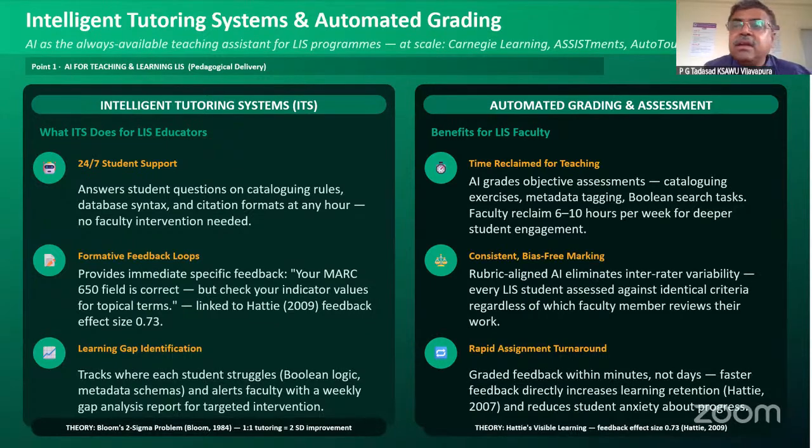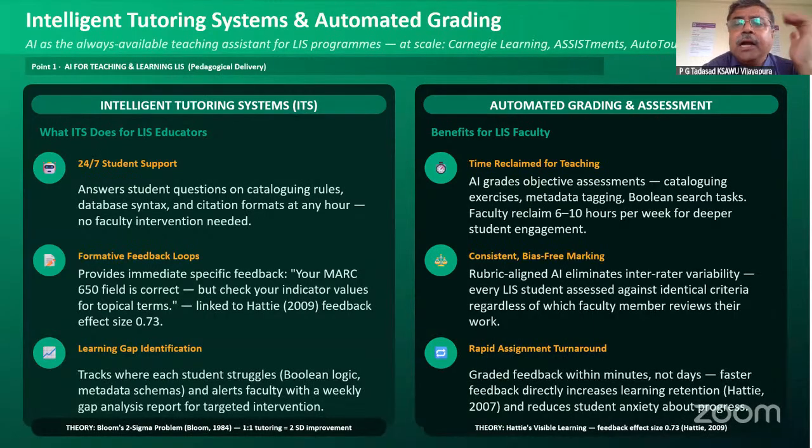The third one is learning gap identification. It tracks where each student is struggling, at what stage he is struggling, how he is moving ahead, and alerts faculty with a weekly gap analysis report. This gap analysis report really helps the teacher to mend the student.